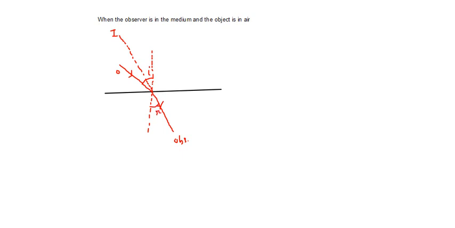Let us complete this diagram now. So if this is I, this must also be I. If this is R, again this one must also be R. Now this is our B, okay, and this is H, and this must be H dash.